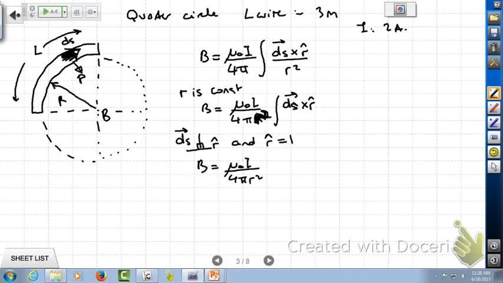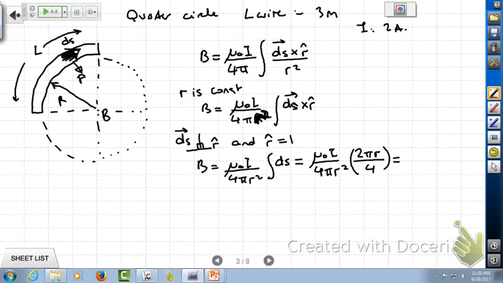So what that gives me is B is equal to mu naught I over 4 pi r squared. The 90 degrees means I don't have to worry about the angle, so I get ds times r hat, and r hat equals 1 gives me ds, so I get the integral of ds, which equals mu naught I over 4 pi r squared times 2 pi r over 4.